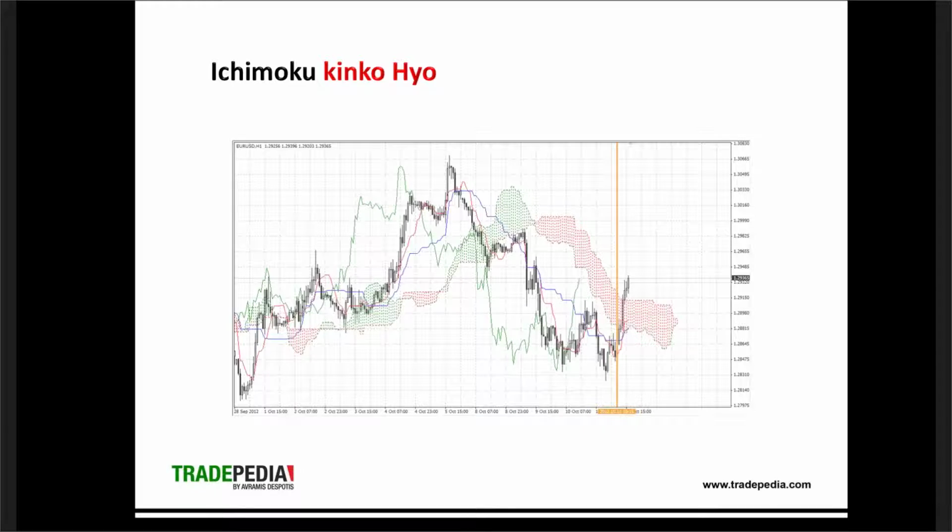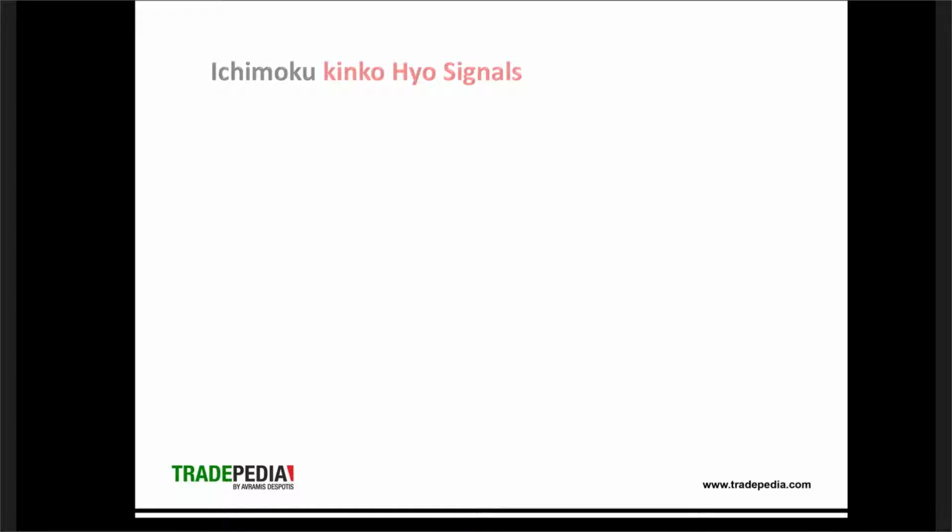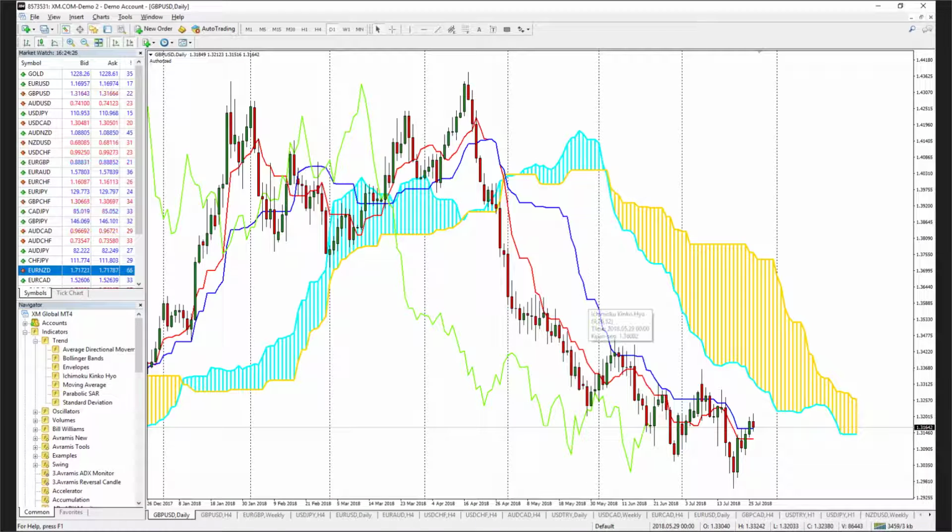All right, so let's go to the interpretation of the Ichimoku Kinko Hyo and all these signals. But before we continue to the signals, each one of these lines has a signal to offer us, yes? But what's important to understand before we go into the interpretation is that the Ichimoku is not seen as giving off 5 different signals.